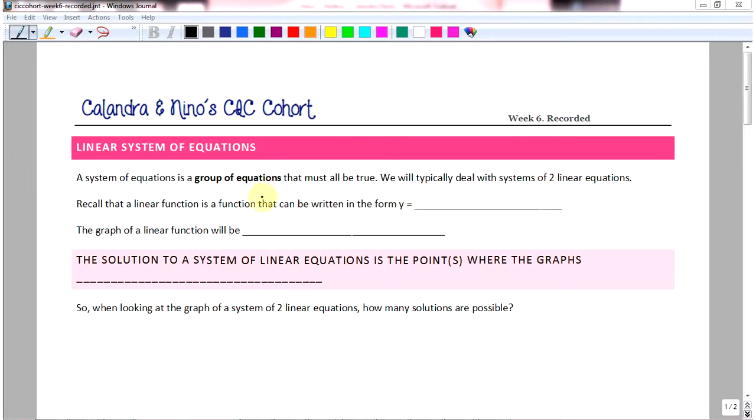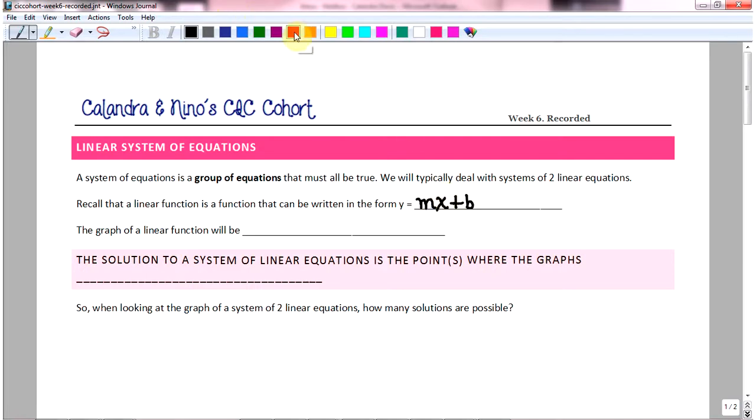Recall that a linear function is a function that can be written in the form y is equal to some number that we usually call m times x plus b, where m is the slope. But the key here is it's a linear function if you have an x and y variable and there are no exponents involved.